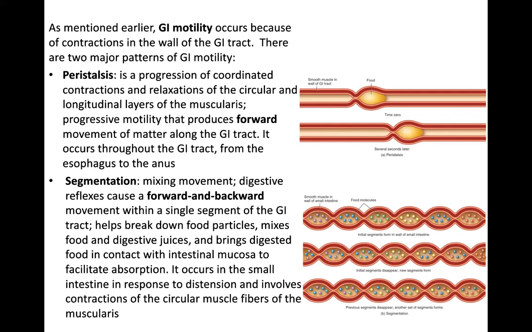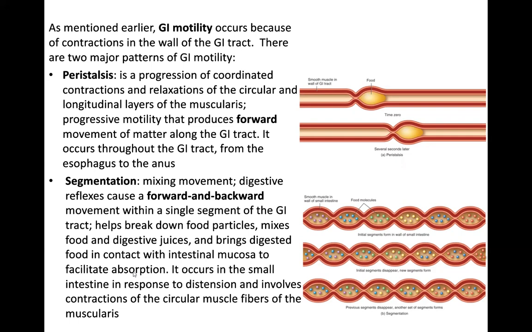Okay. What we can also do, and this is a form of mechanical digestion, is segmentation. Okay. And this is where we do both forward and backward movement through a single segment of the GI tract. In doing so, that helps break down food particles, mix the food and the digestive juices, and bring those digestive substances in contact with the intestinal mucosa to allow for absorption.